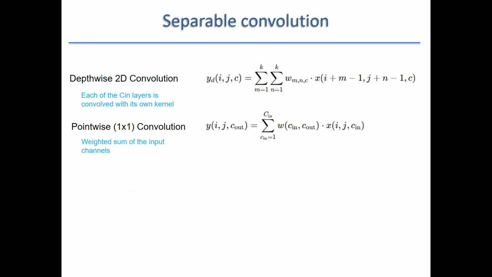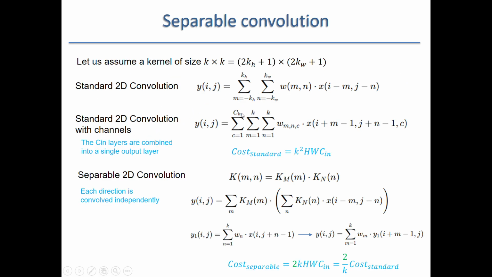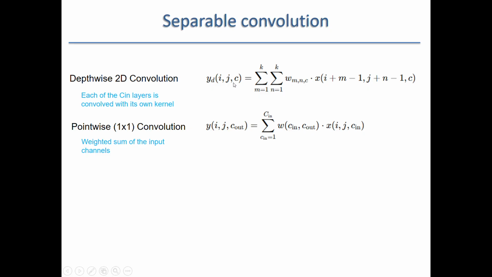Another way to have more convolutions: what happens if I want to process each channel independently, with its own kernel? I don't want a channel in the output to be coming from all channels, but I want it to be coming from that channel in the input.